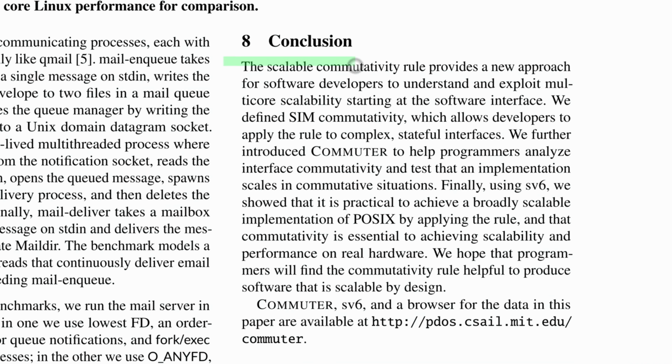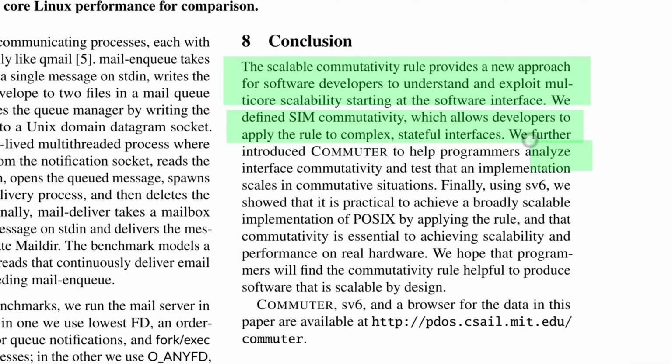So that was a look at a paper that tries to define a rule for how to analyze software APIs to see if they would scale across multiple cores. The central contribution of the paper is their definition and formalization of the idea of SIM commutativity, which allows us to reason about complex and stateful APIs found in real software.